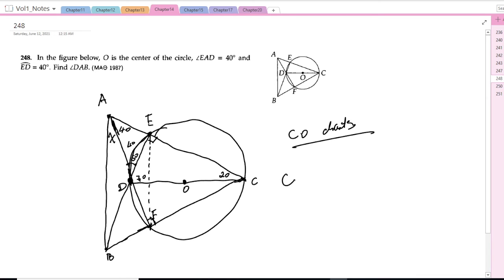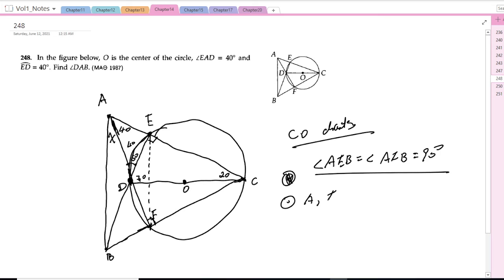So if you notice that angle AEB is equal to angle AFB, which is equal to 90 degrees, then we can see that A, E, F, B are concyclic, right? If they are concyclic, it means angle x is equal to this angle.